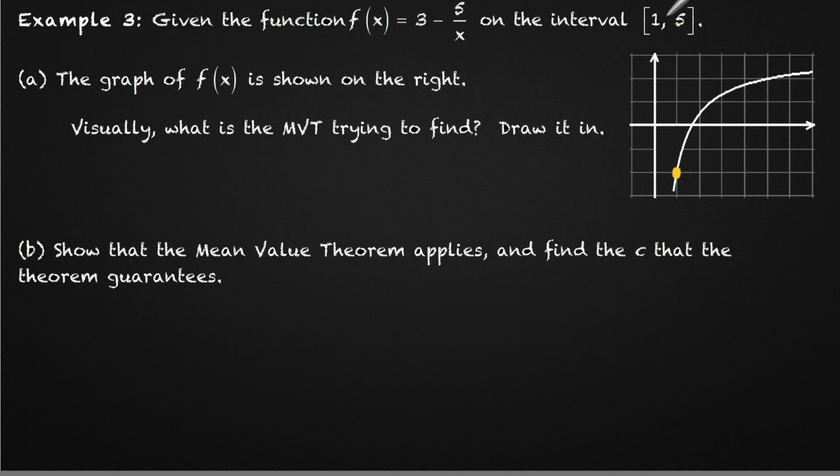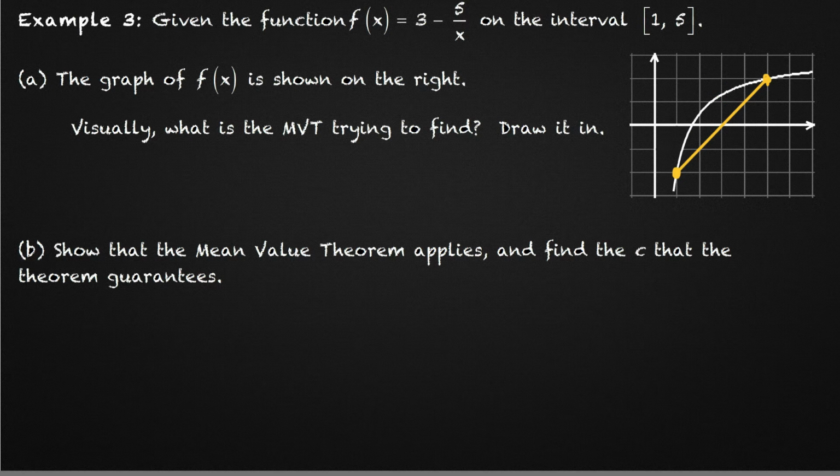And then 5 is 3 minus 5 over 5. 5 over 5 is 1. 3 minus 1 is 2. We can also see that point right here. So if we connect these 2 points, all right, essentially what we're saying is there's got to be some point between 1 and 5.